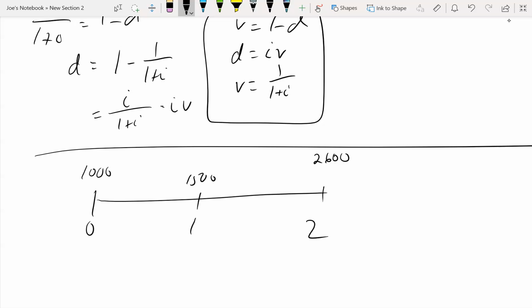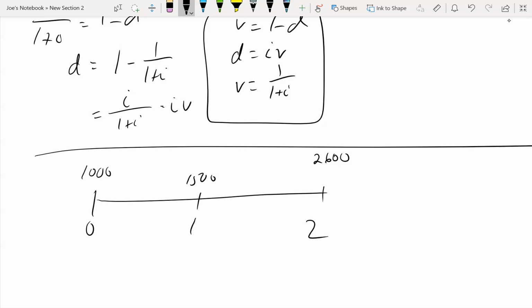Now, I purposefully wrote that 2,600 higher than the other two, because you're not putting in 1,000 and putting in 1,500 and putting in 2,600, right? You're going to put in 1,000, put in 1,500, and take out 2,600. So the flows are in different directions, right?